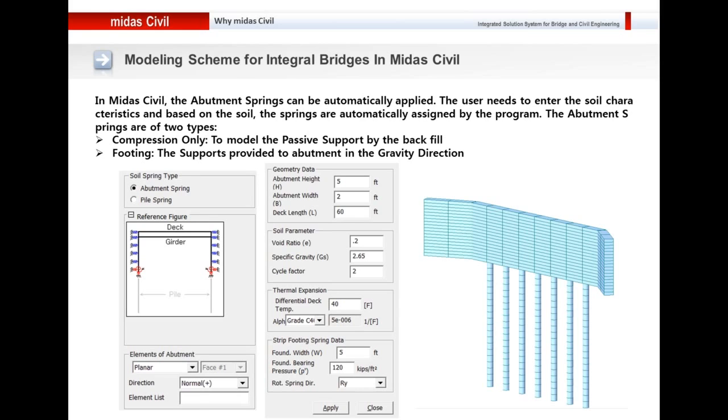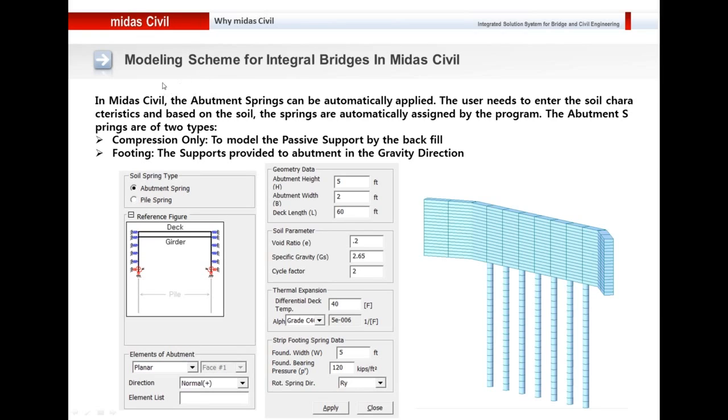The spring constant is defined in several codes, and you can choose any code and apply the spring constants, but generally structural engineers, for defining the pile springs, use the Matlock and Reese formulae, which are embedded into Midas Civil, and then you can automatically obtain these spring constants from Midas Civil. At the same time, you can also apply the abutment springs in Midas Civil using the automated feature.